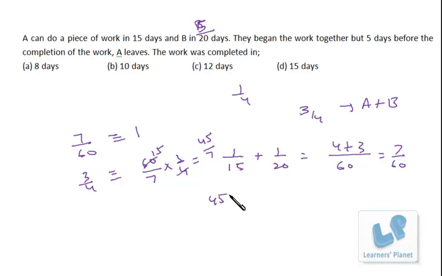Okay, so 45 by 7 days earlier and 5 days when B was working all alone. So in all, these many days it will take to get the work completed. So it's around 6 point something, plus 5, so it's around 12 days. Okay, so it's 12 days. Clear?